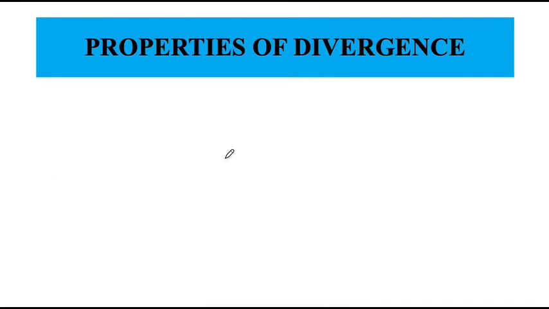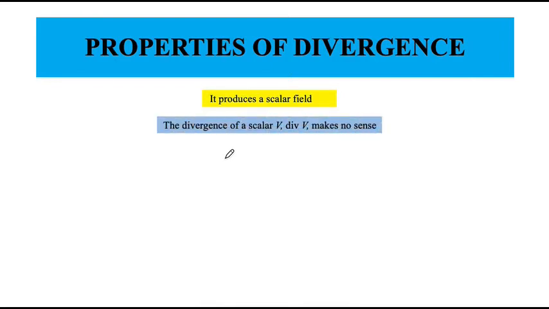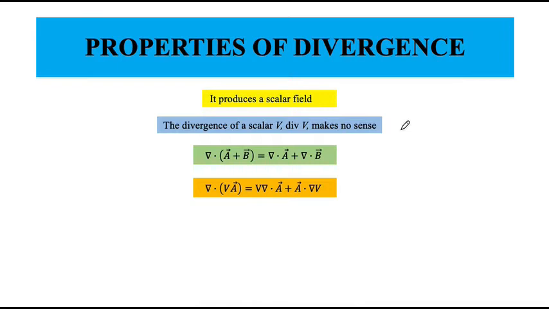Next property of divergence: it provides a scalar field. The divergence of a scalar V makes no sense. We always take divergence of a vector. Divergence of a scalar is of no sense. It obeys the distributive property. Similarly, del dot scalar times vector will give me a scalar quantity.